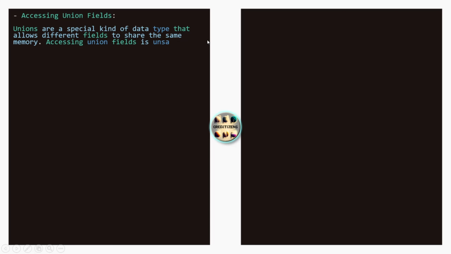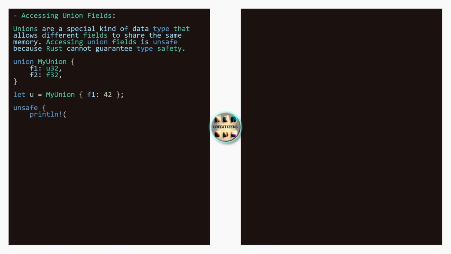Other point, accessing union fields. So unions are a special kind of data type that allows different fields to share the same memory. Okay? Accessing union fields is unsafe because Rust cannot guarantee type safety. So here we have a union, MyUnion, having two different fields.